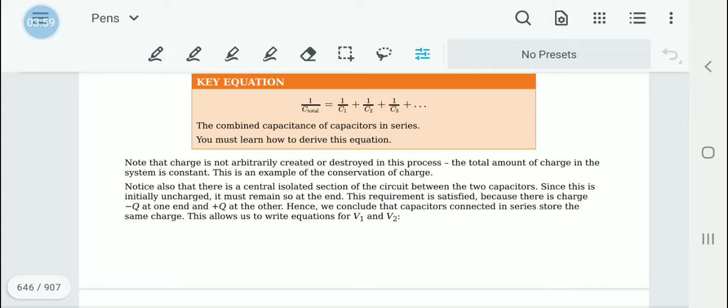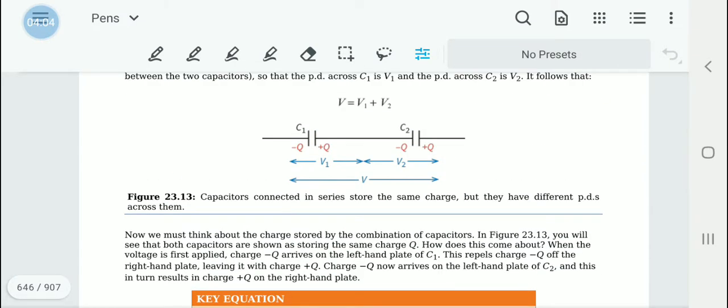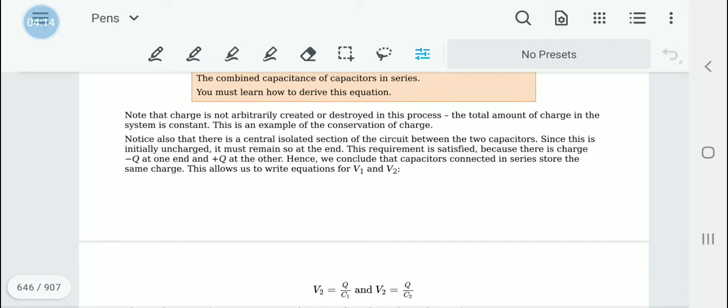Now there is the region between the capacitors, right? There is a significance in that as well. This part is initially uncharged, so at the end also it must remain uncharged, because the negative Q at one end will go to the other end.